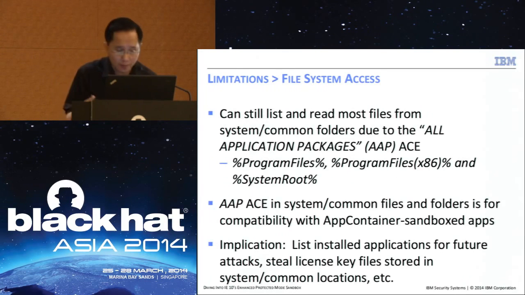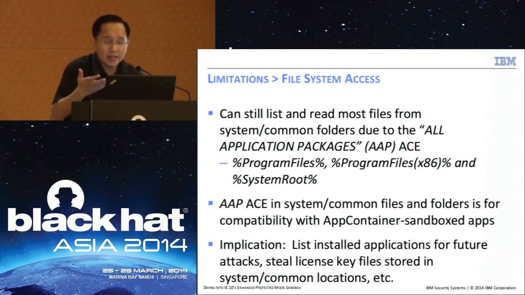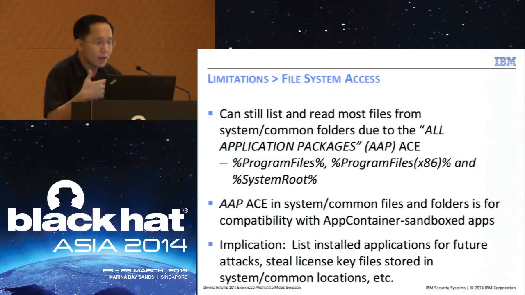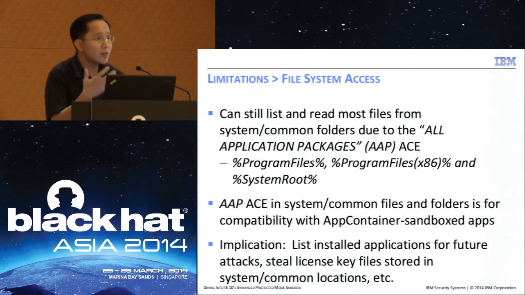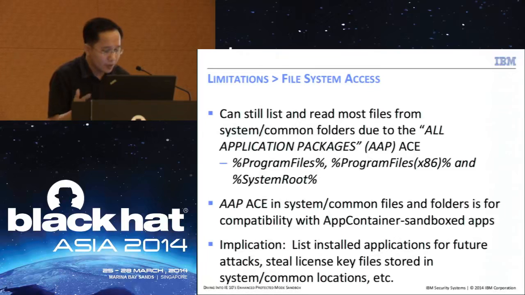In the file system, the sandbox process can still list and read most files from system and common folders because they have a read access ACE for all application packages. The reason for the all application packages ACE in system and common resources is for compatibility with app container sandbox applications.